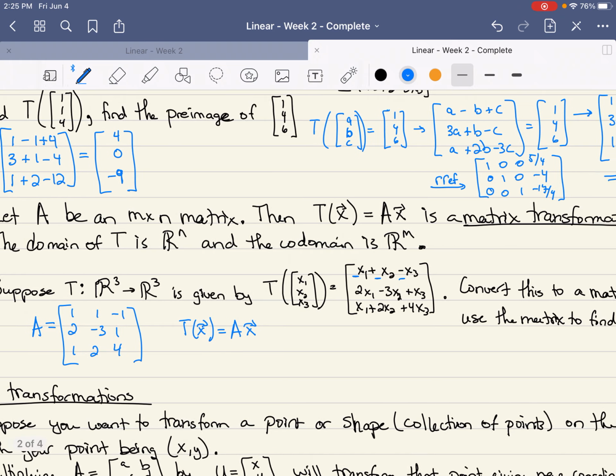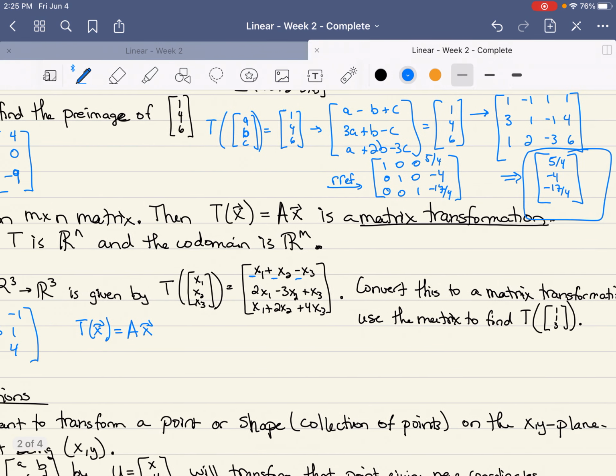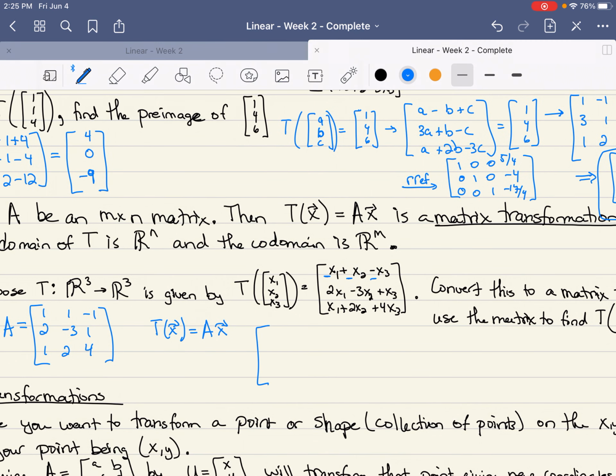So if I wanted to find T of 113, I can just take that matrix we just found and multiply it by the vector 113. So I get 1 plus 1 minus 3 is negative 1. Then 2 minus 3 plus 3 is 2.